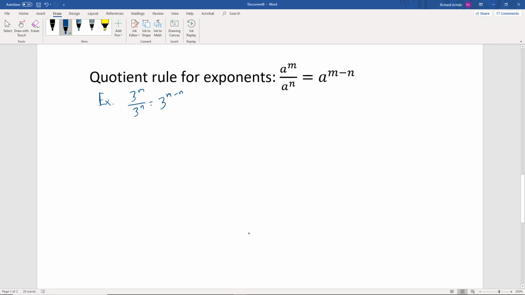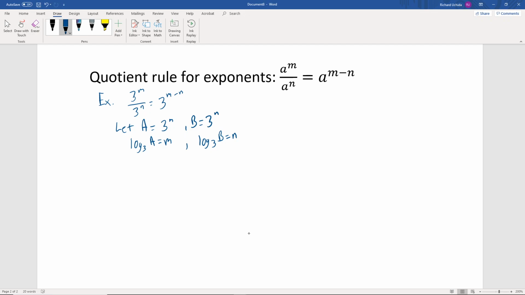Again, let's let a equal 3 to the m, and let's let b equal 3 to the n. Then by the definition of the logarithm, this tells us that log base 3 of a is equal to m, and log base 3 of b equals n.